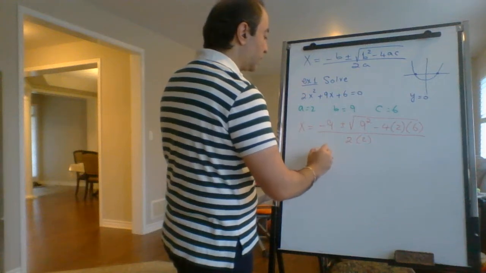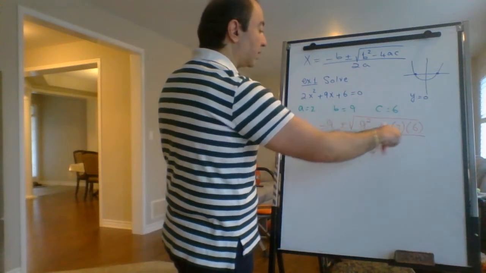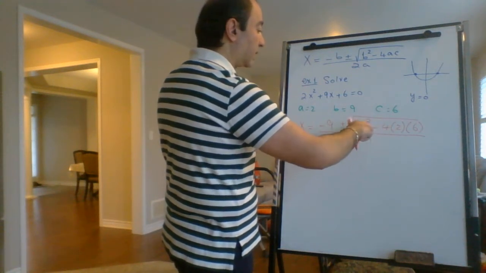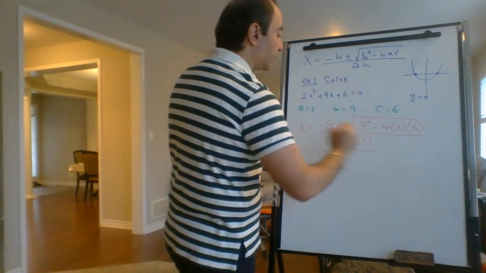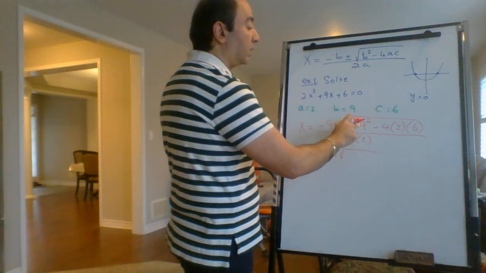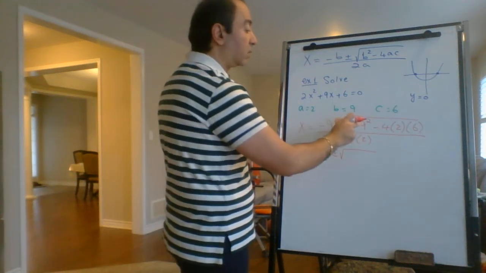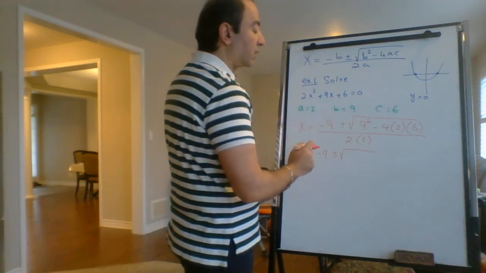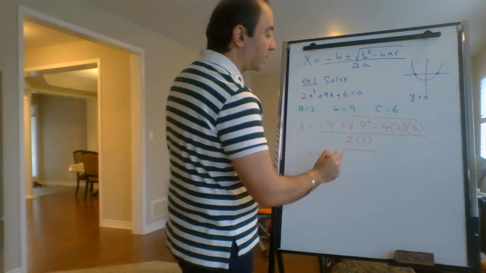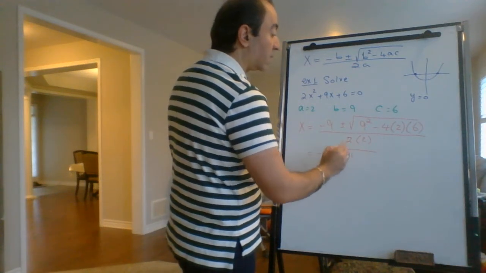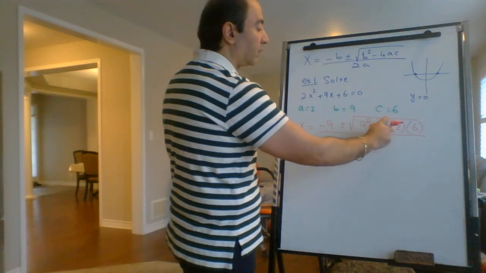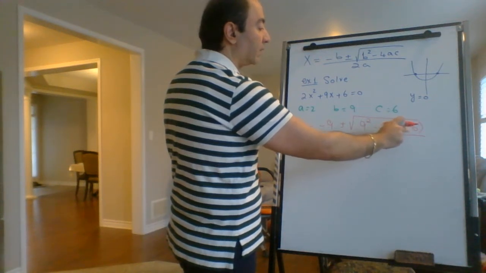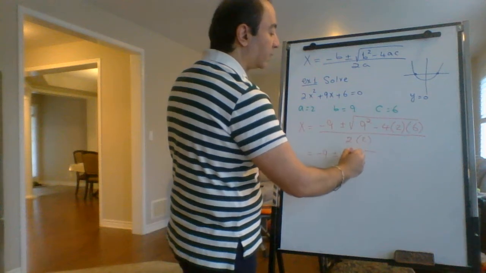So, minus 9 stays here. We try to calculate what's under the square root. We use BIDMAS, so the first thing we do is the exponent. 9 squared is 81. Then we do the multiplication. So negative 4 times 2 is negative 8, times 6 is negative 48.